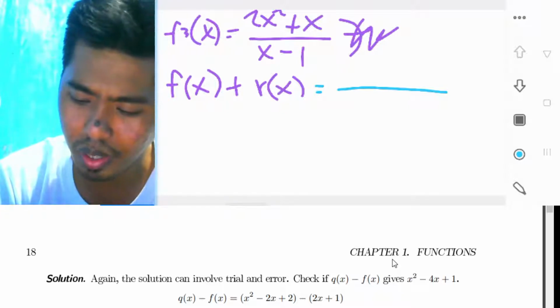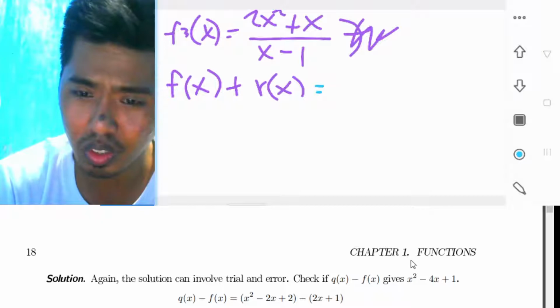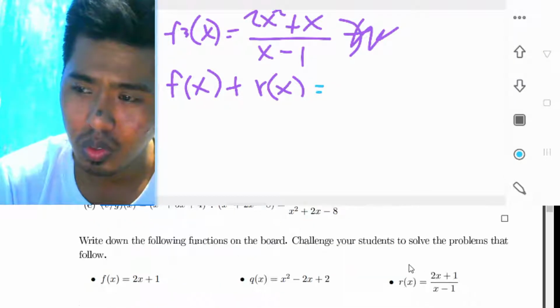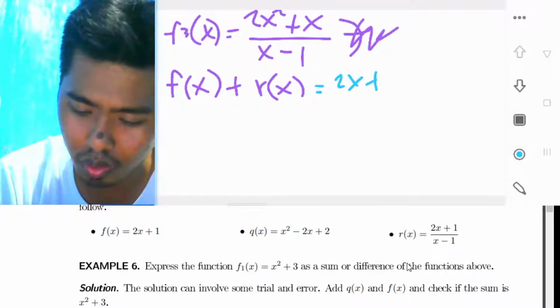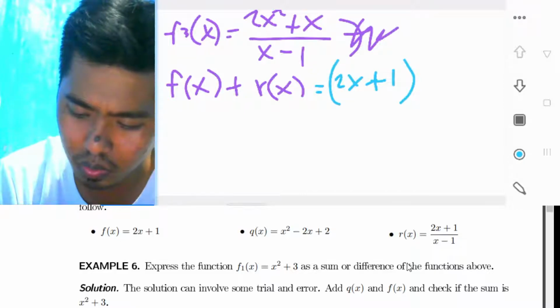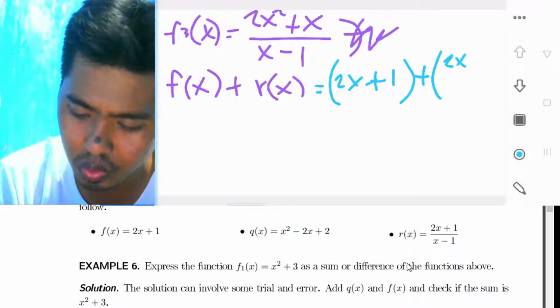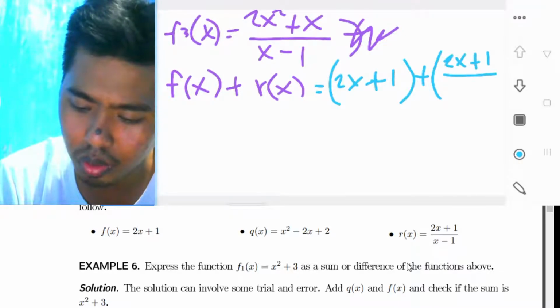So f of x is, let's check in the upper one, f of x is 2x plus 1, plus r of x, that would be 2x plus 1 all over x minus 1.